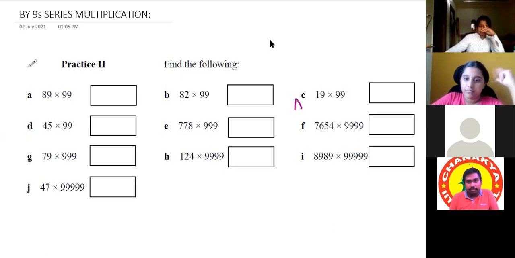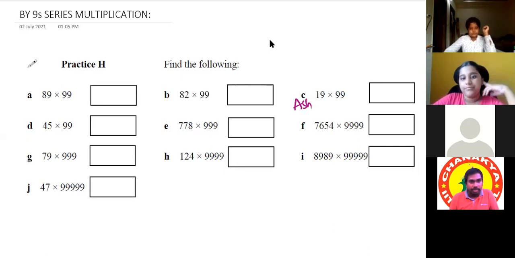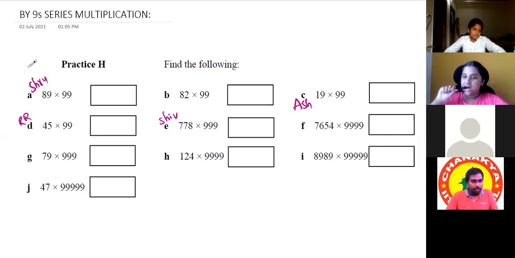A. C. Ashwad. D. Ritvik. Which Ritvik, RR or RN? RR. Pranav E. A. Shrishti. C. Sudisha. E. Satvika.